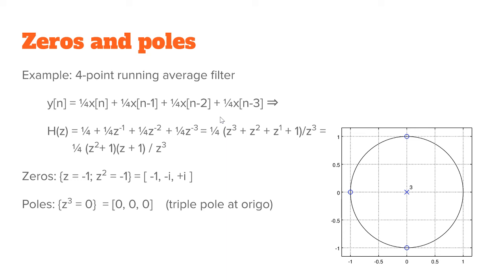Good, so that is what the 4-point running average filter looks like in the Z-plane, meaning the zero-pole plot or Argand diagram. The marking is such that zeros are marked by O, and crosses are for poles, for historical reasons.